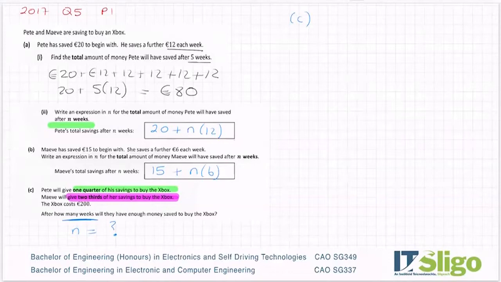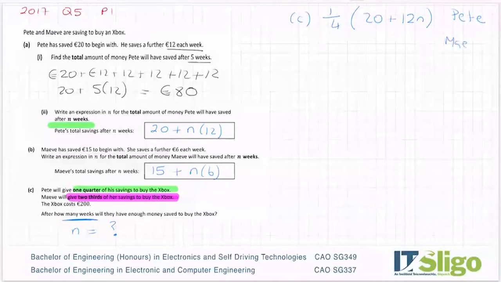So Pete is giving 1/4 of his savings. Instead of N times 12, I'm going to just say 12n, because that sounds more natural. So that's Pete. And Maeve is going to give 2/3 of her savings, which is 15, and instead of N times 6, we'd say 6n.